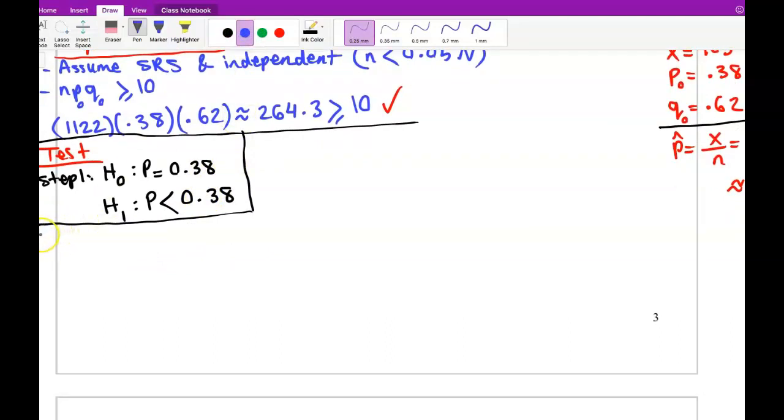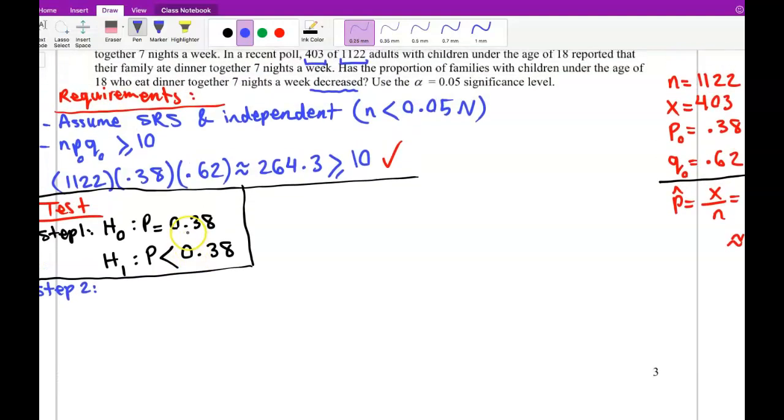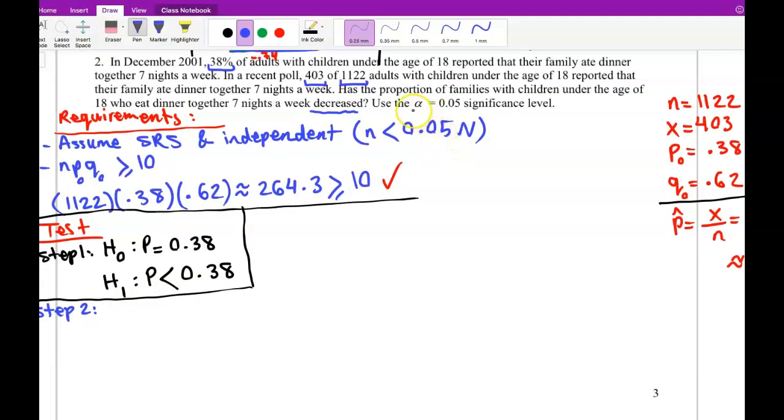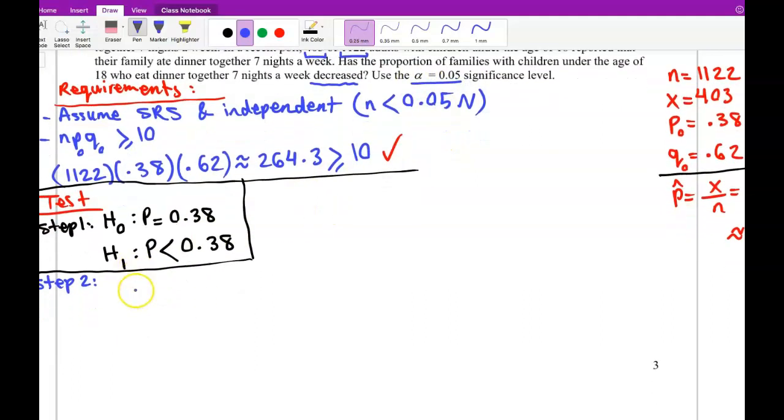Now step 2. You should find what the alpha is. So alpha is given as 5%.